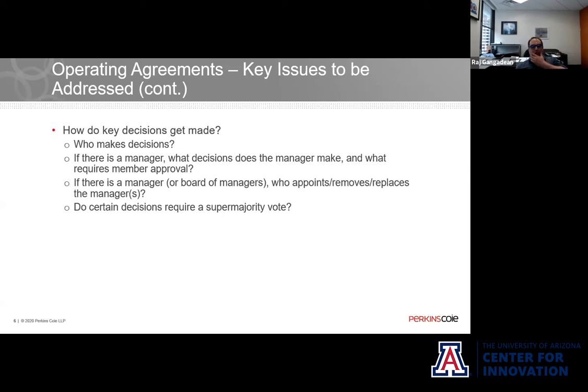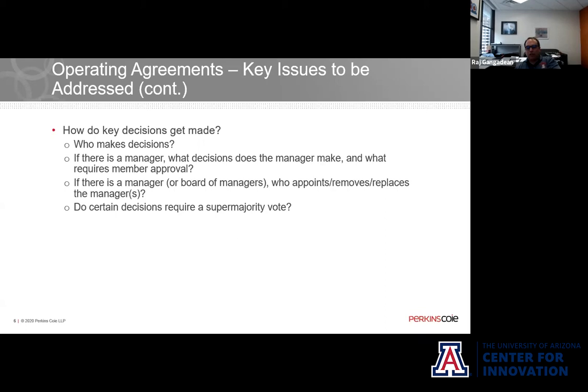And we just talked about a second ago, do certain decisions require a supermajority vote or even unanimous vote? Supermajority or unanimity requirements are often good because they prevent somebody with a bare majority of the ownership interest from making a decision that maybe the minority doesn't agree with.